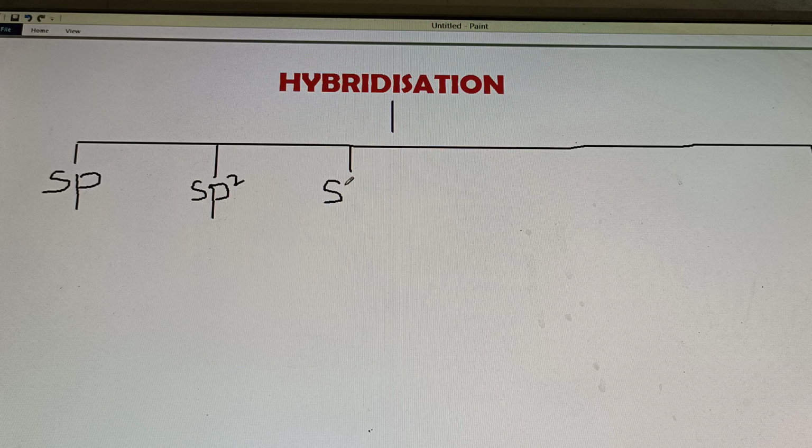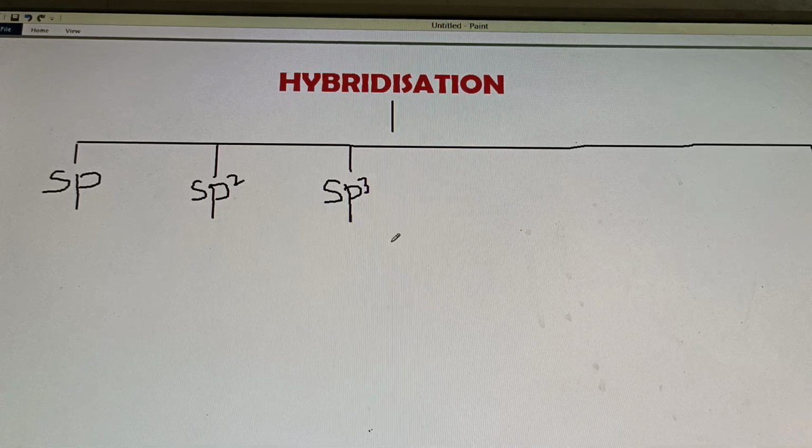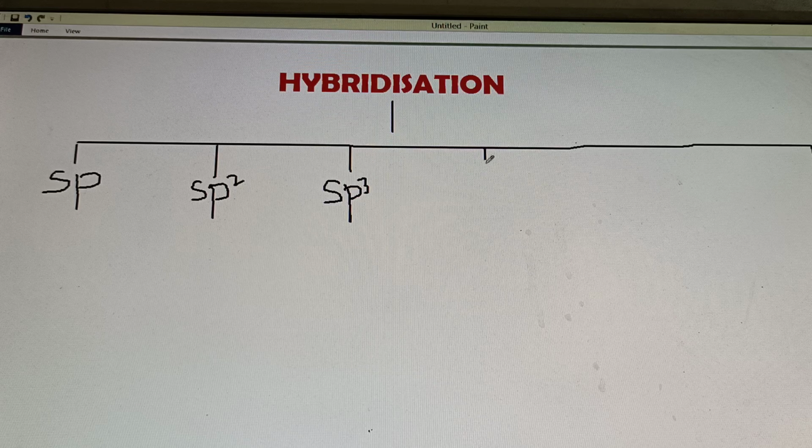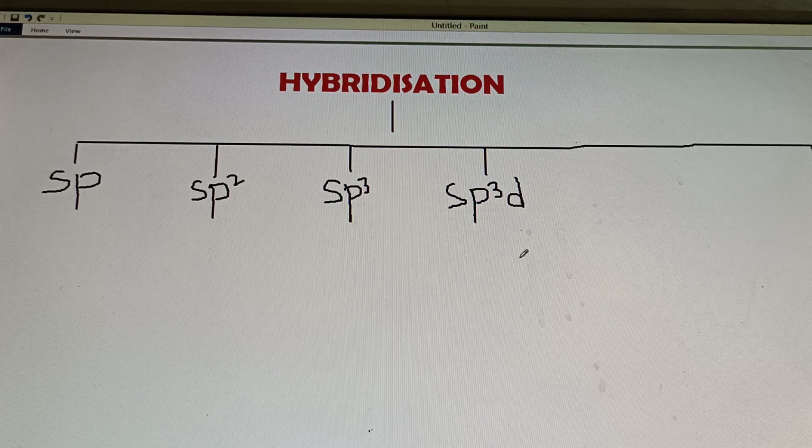Next, sp3 hybridization, where one s will mix with three p orbitals to give 1 plus 3, that is 4 sp3 hybrid orbitals. Next, sp3d, where one s, three p orbitals and one d orbital will intermix to give 5 sp3d hybrid orbitals.